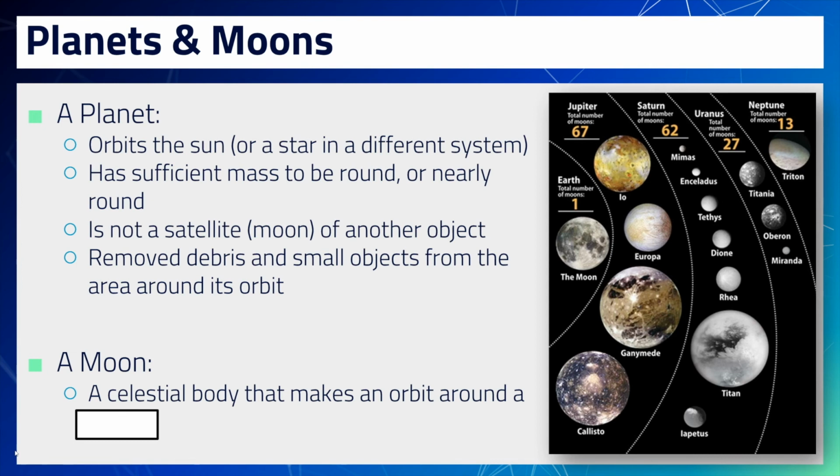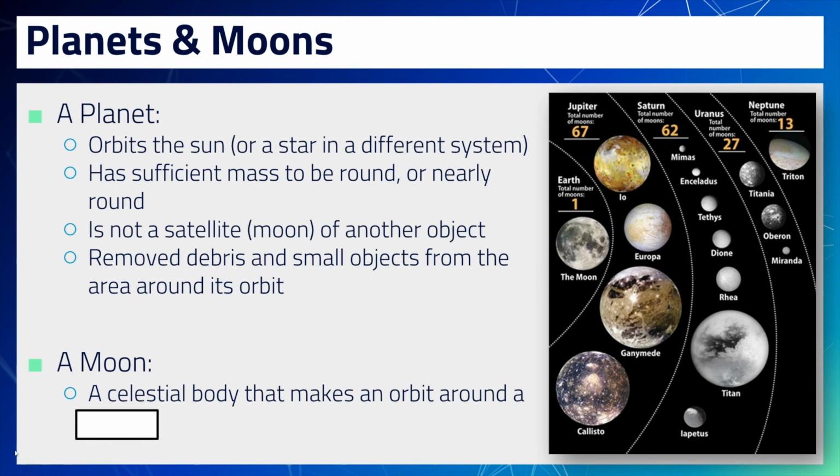It has to have sufficient mass that it is round or nearly round, and it also can't be a satellite or a moon of another object. Okay, it has to orbit the star directly. It can't orbit something else that then orbits the star. And it also has to have been able to remove debris and small objects from the area around its orbit. Basically, it has to be of a certain size, is where we draw the line at a planet.